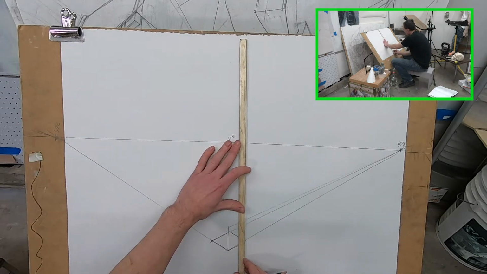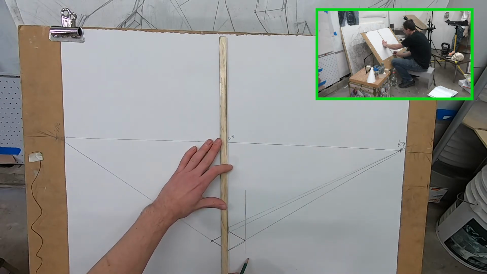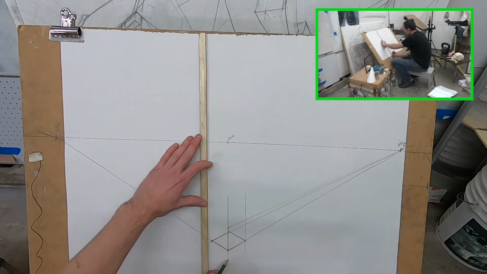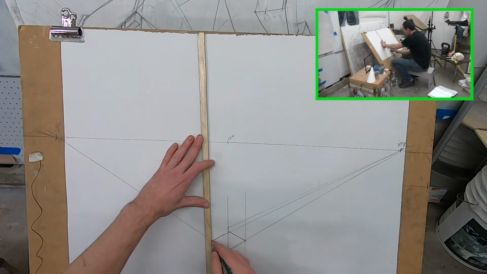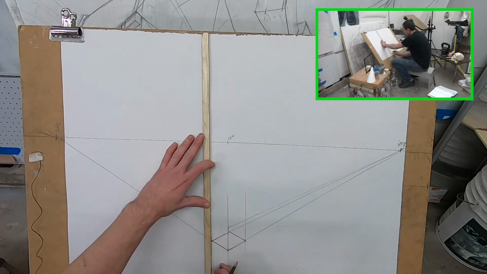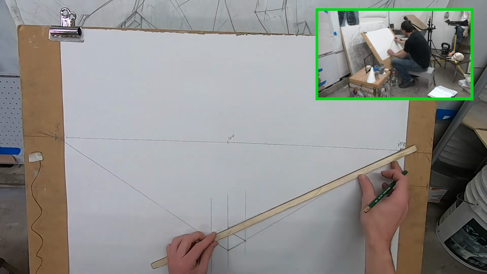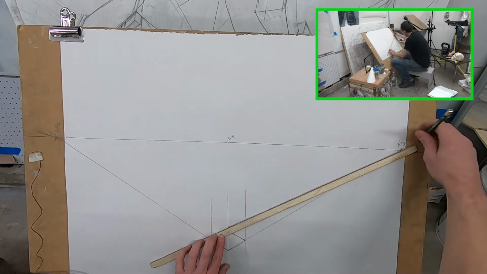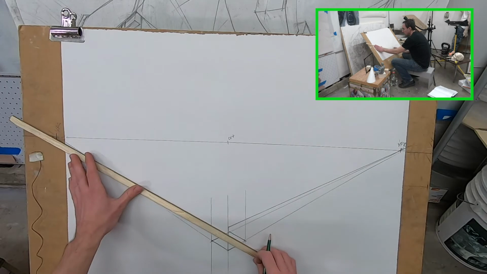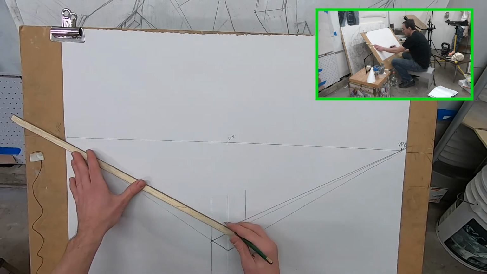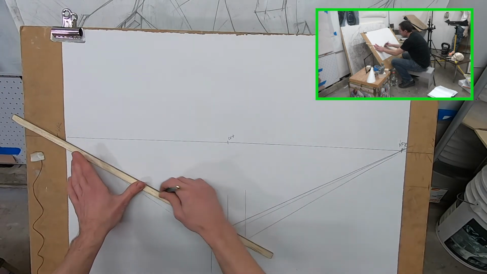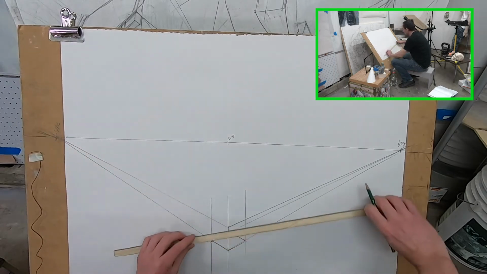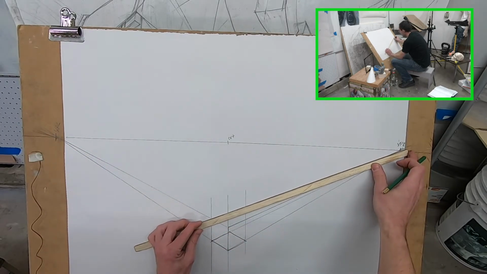In two-point perspective, vertical is still just vertical. Use a little line extension here. Vertical is vertical. And what we want to do is just make sure that all our parallel angles are vanishing to the appropriate vanishing point.